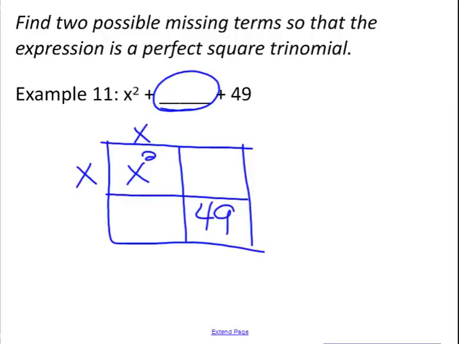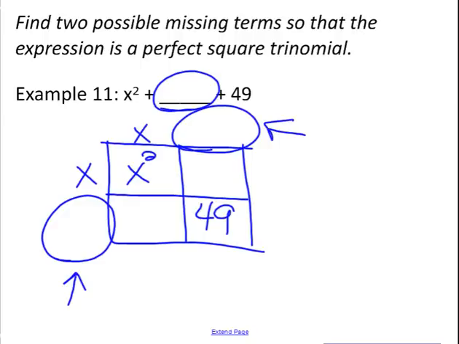Now, to get my number here and here, remember these two numbers have to match. They have to be the same number. In other words, what number times itself will give me 49? Well, you know that 7 times 7 will give you 49.